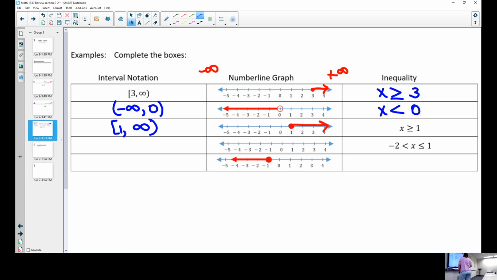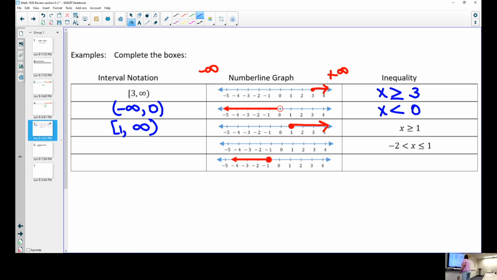Next on the list, I have 2 numbers, and the X is between. So anytime you have the X between, that really means what it looks like. X is between a -2 and a 1.